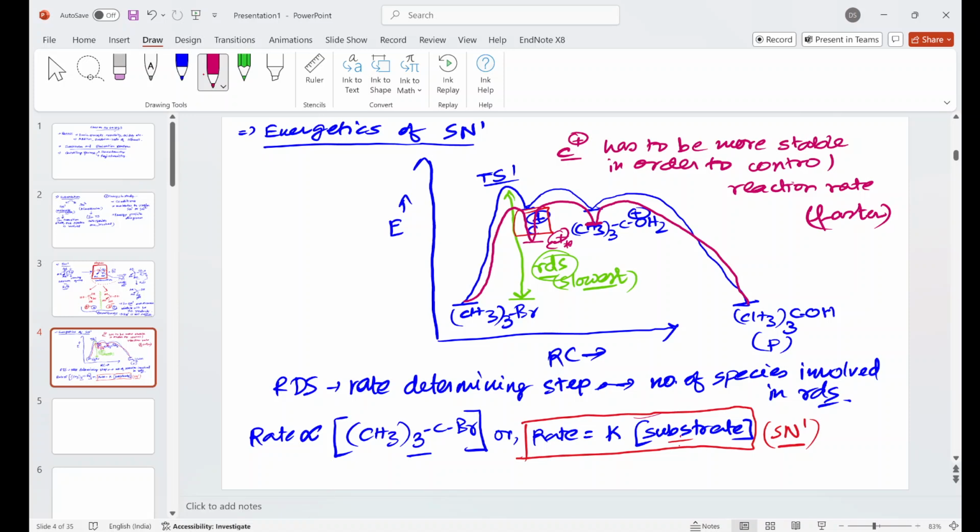So this is one thing. And if you can make this carbocation stable, the energy gap changes. It reduces. When the energy gap reduces, that intermediate is achieved much faster in terms of energy, and subsequently the rate will be faster.